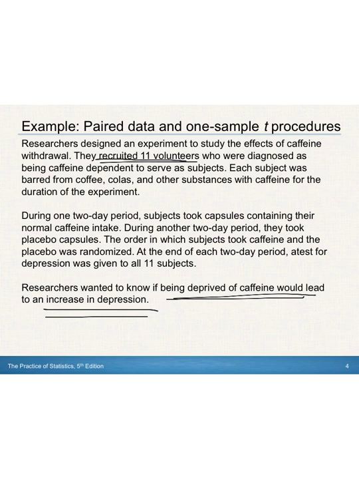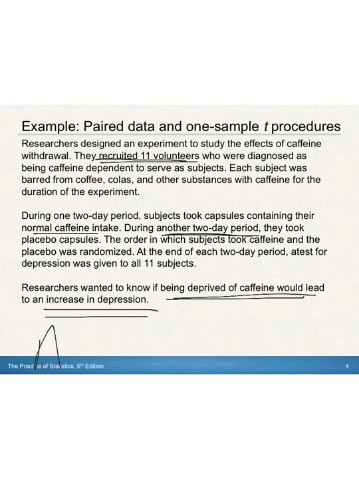And then each subject, during the duration of the experiment, which is a 4-day experiment, was barred from having any sort of substance that had caffeine in it. During one 2-day period, the subjects took capsules containing their normal caffeine intake, and during the other 2-day period, they took placebo capsules. The order in which they took the caffeine or the placebo was randomized, and at the end of each 2-day period, there'd be a depression check.